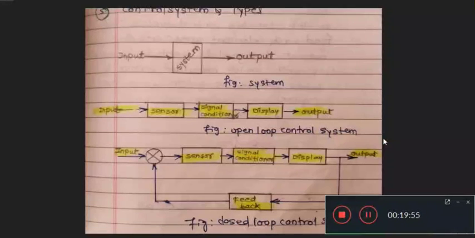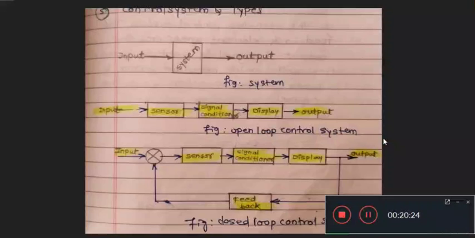In this open loop control system, the block diagram, as shown in the figure, consists of input connected to the sensor, which is further connected to the signal conditioner, which is further connected to the display unit, and then the display unit is connected to the output device as shown in the figure itself.